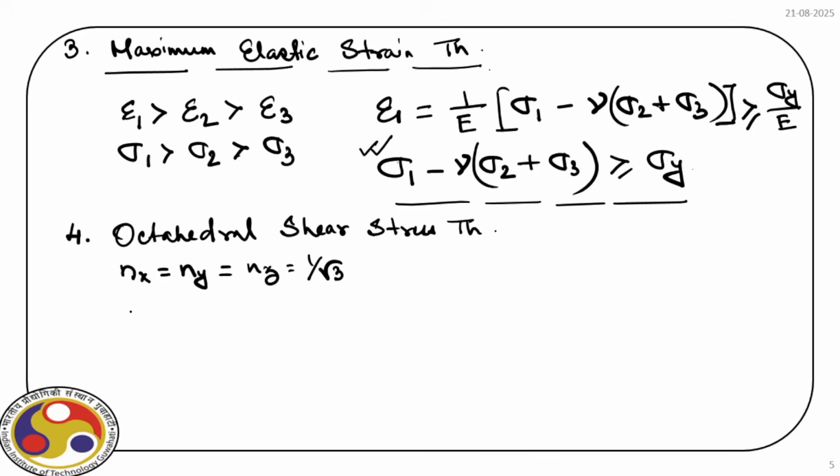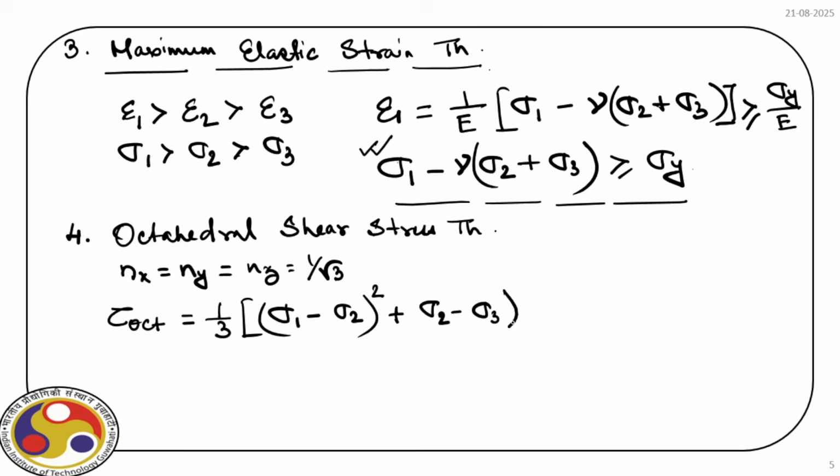And the expression for tau octahedral is 1 by 3 within bracket sigma 1 minus sigma 2 whole square plus sigma 2 minus sigma 3 whole square plus sigma 3 minus sigma 1 whole square, whole to the power half.